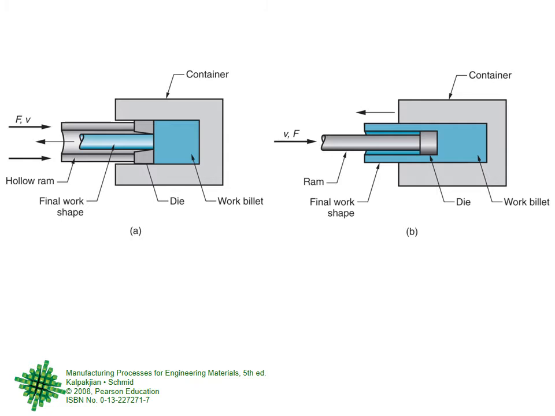So we can use indirect, backward or reverse extrusion for both hollow and solid shapes. This is not a very common method. The most common method in the world is direct extrusion, but in some places they use this also because of certain advantages.